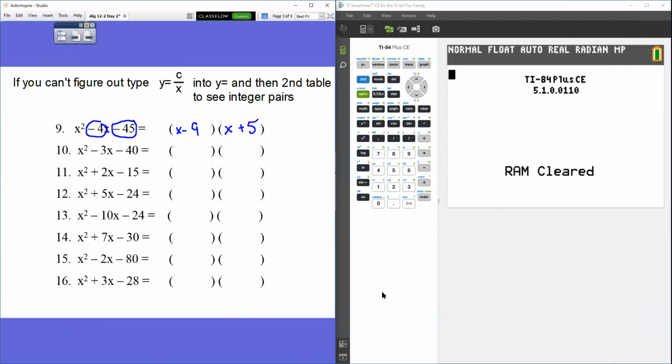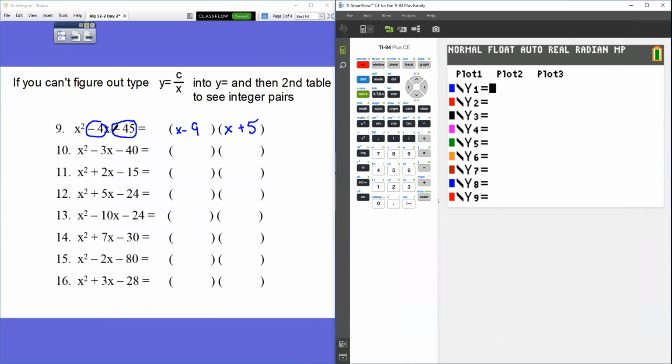All right. So let me show you a little trick. If you can't figure out what times what is negative 45 that adds up to negative 4, what you can do is put your C value on the top part of your fraction.